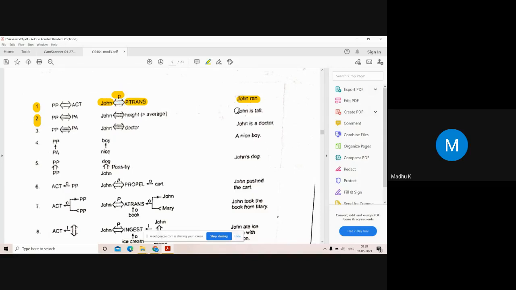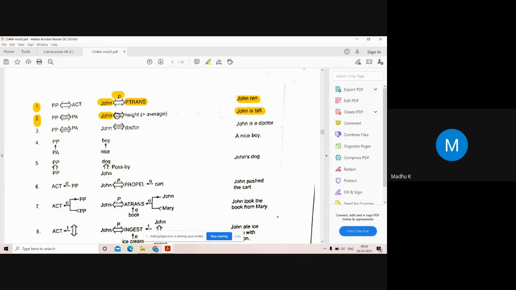Similarly, suppose we want to represent "John is tall." Tall is basically a quantifiable term, so we represent it in this way. John is the picture producer.